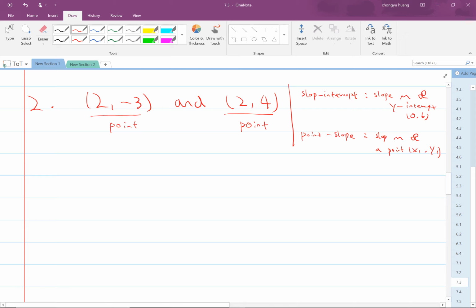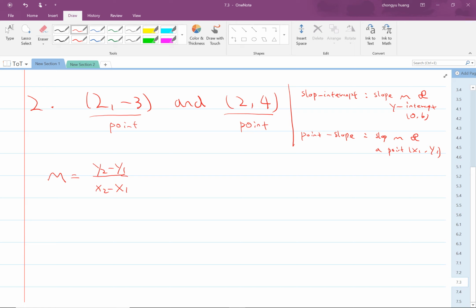As you guys remember, we have been given 2 points, so we can use this equation. You are able to find the slope by doing some subtraction and division. So the slope is equal to y2 minus y1 over x2 minus x1.